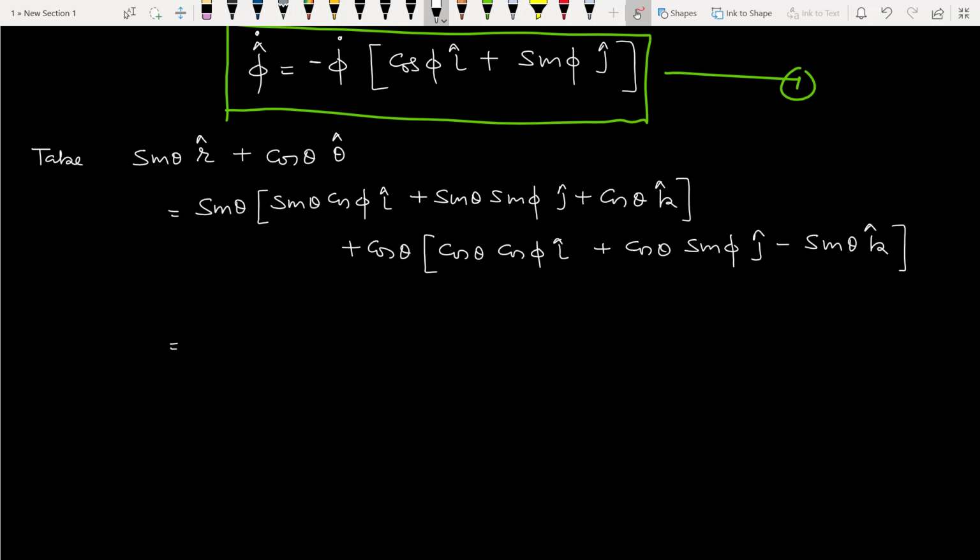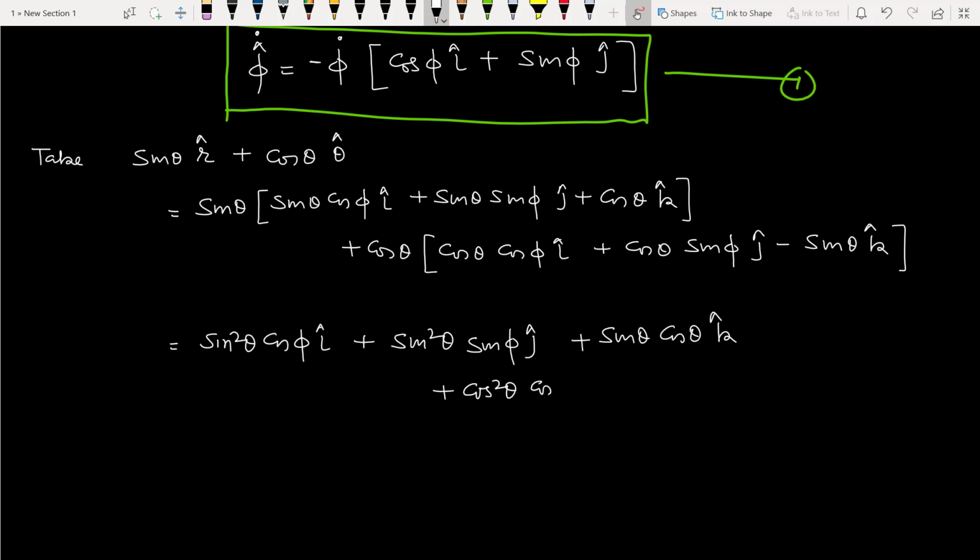So when we solve the brackets, it is sin square theta cos phi i cap plus sin square theta sin phi j cap plus sin theta cos theta k cap plus cos square theta cos phi i cap plus cos square theta sin phi j cap minus sin theta cos theta k cap.